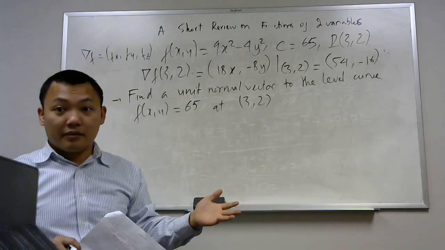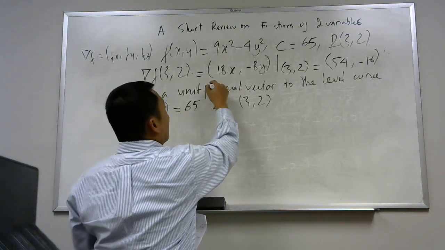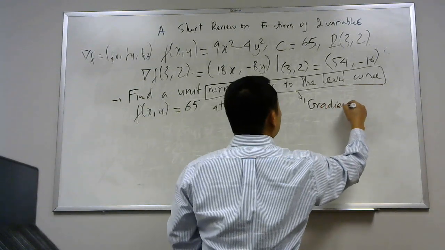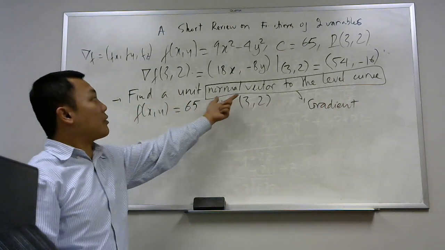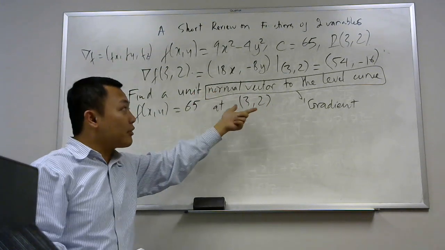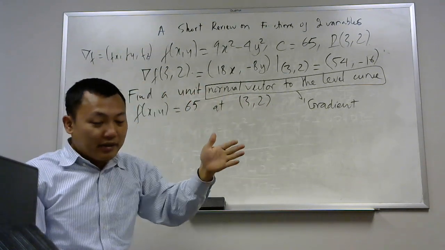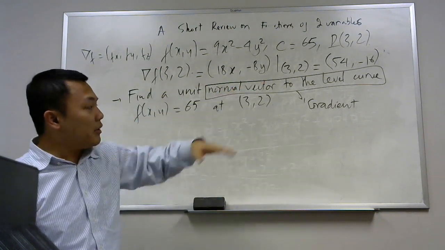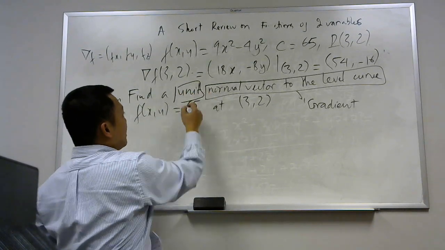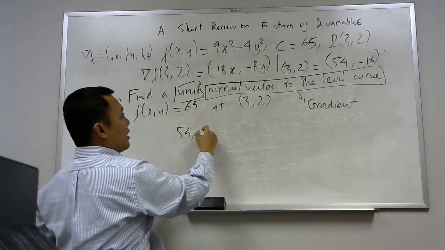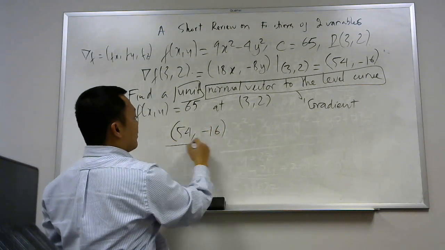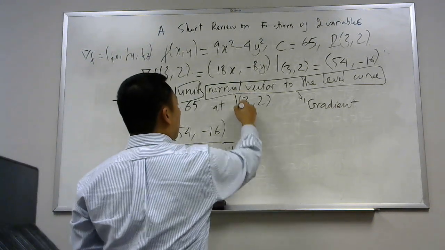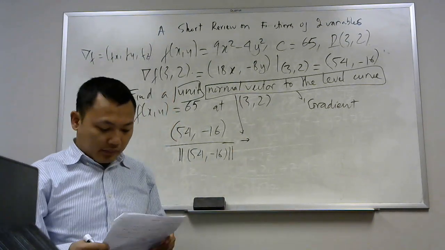Actually, that is the gradient. The normal vector to level curves is the gradient. So basically, they ask you to find the unit vector along the gradient at that point. We just found the gradient vector over there, that is (54, negative 16). So in order to find the unit vector, you take this and divide by the norm of it. That is your unit normal vector.